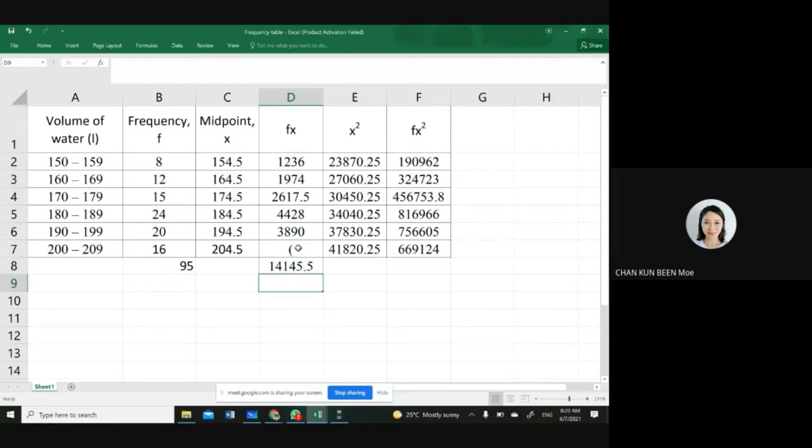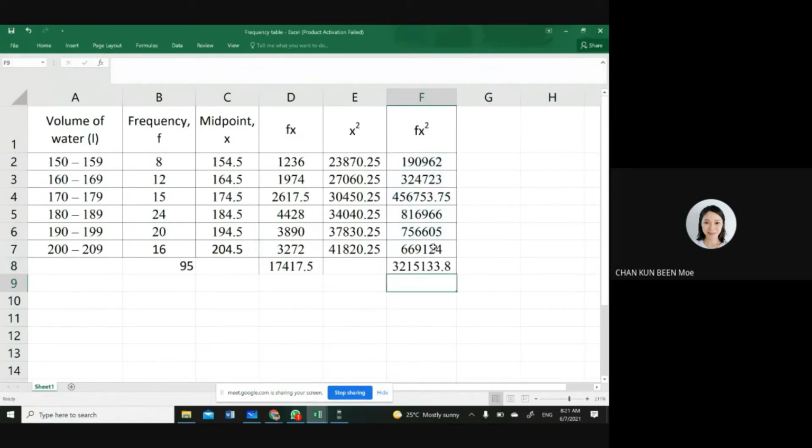Okay, and then the last one, same thing, find out the total. So we will get all of these totals. It's a very long figure over here.